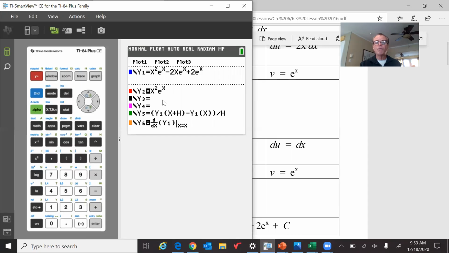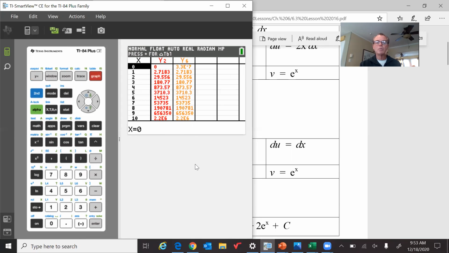Now we're going to see if we differentiate y1, we take the derivative of our answer, which is our integral. After we integrated y2, do we get back to the question? That make sense? And the tables match up.